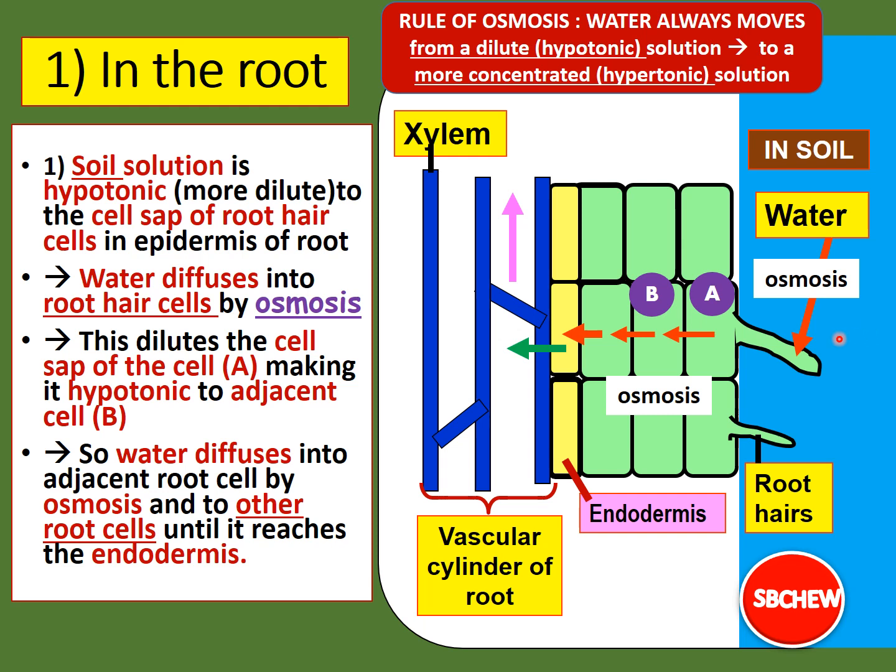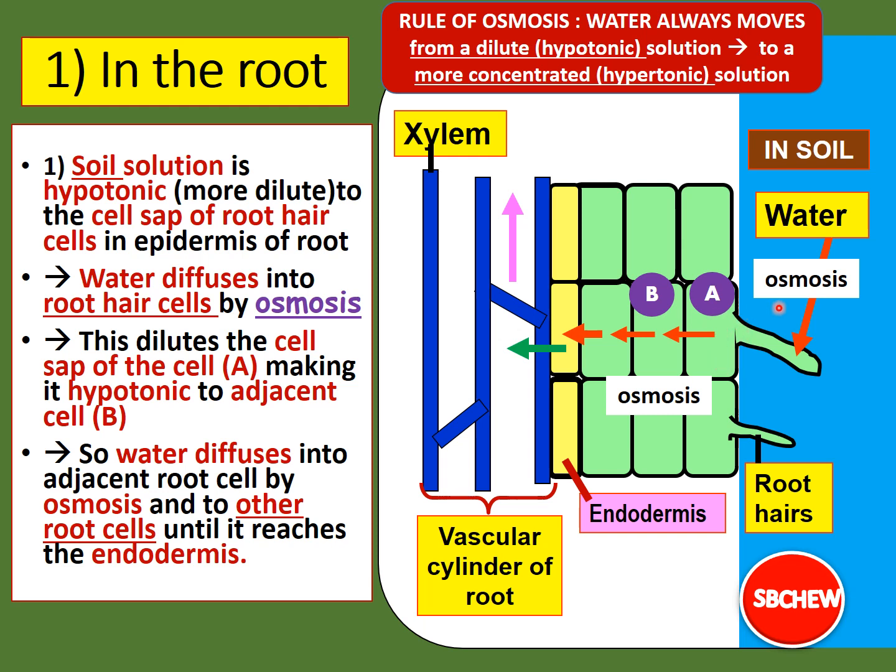So we begin by discussing which part has a solution that is hypotonic or hypertonic to the other solution. The soil solution here is hypotonic, or more dilute, compared to the cell sap of the root hair cells. This is because root hair cells take in mineral ions by active transport, so the concentration of mineral ions is very high here.